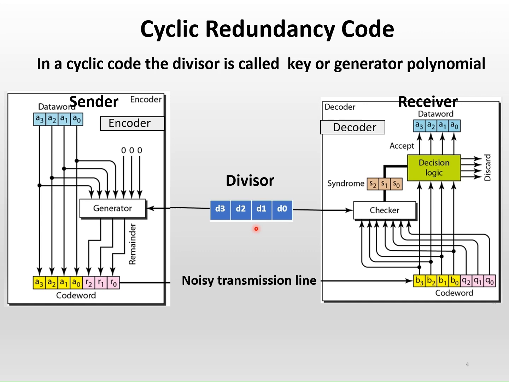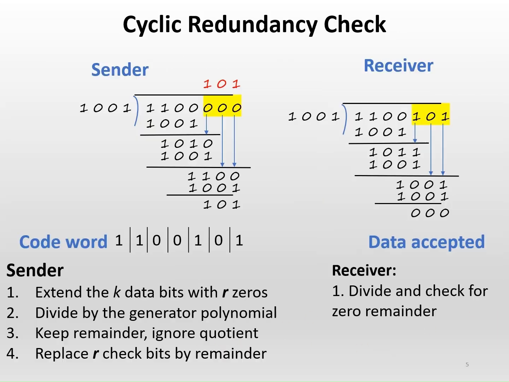They both know what the divisor is, and if it gets a remainder, that is what is called a syndrome. If the syndrome is all zeros, then it will accept it. And if the syndrome or the remainder at the receiver side is not zero, then it will discard it. So the whole procedure I will explain.